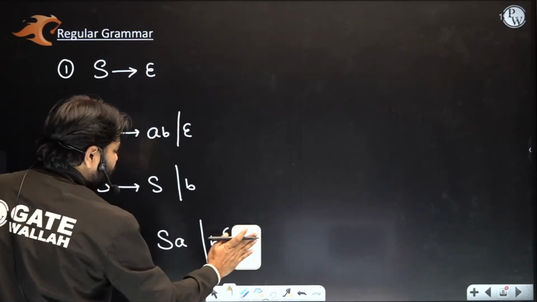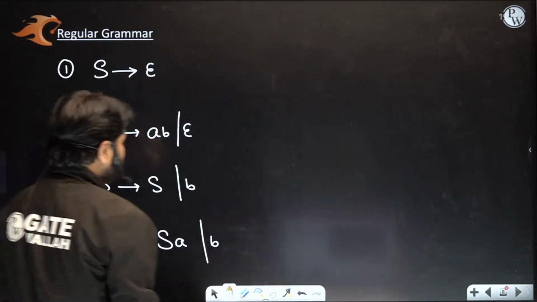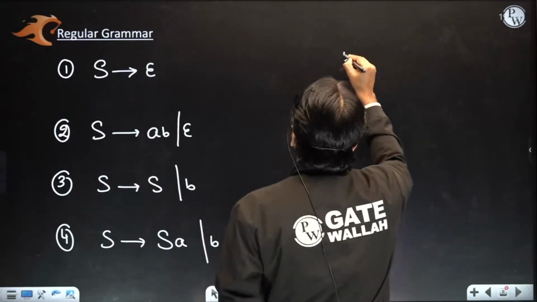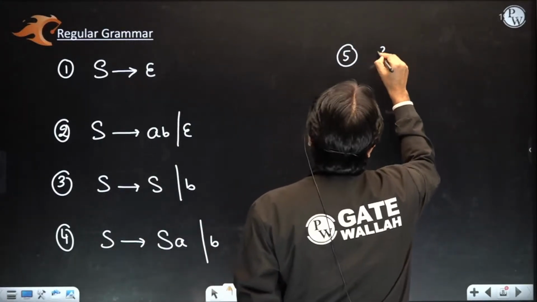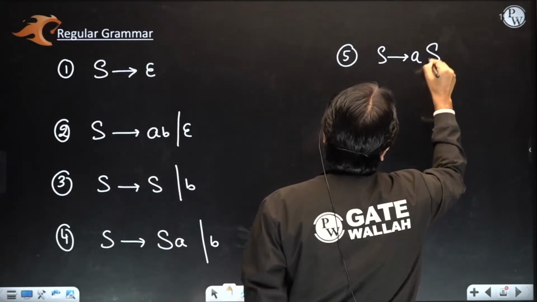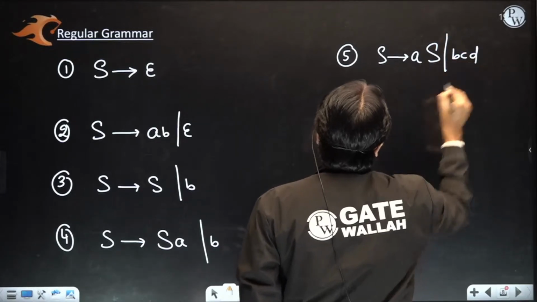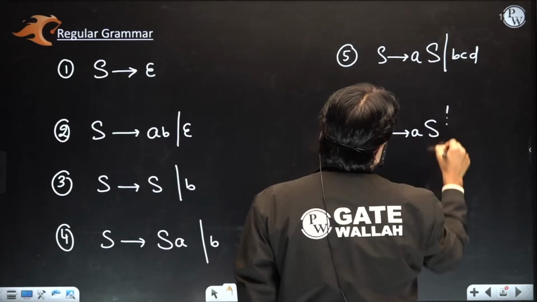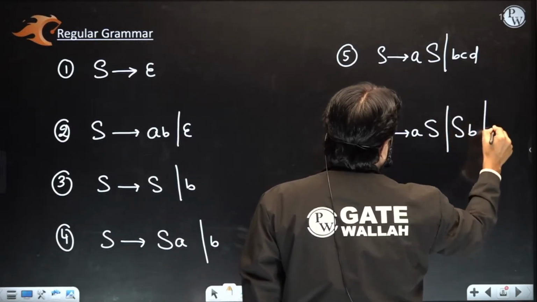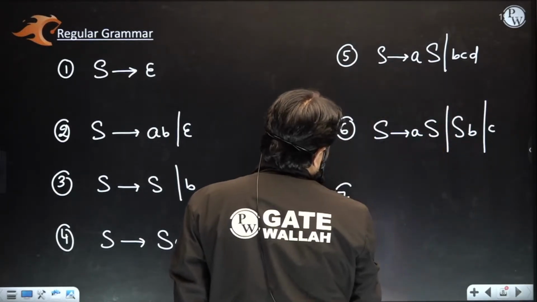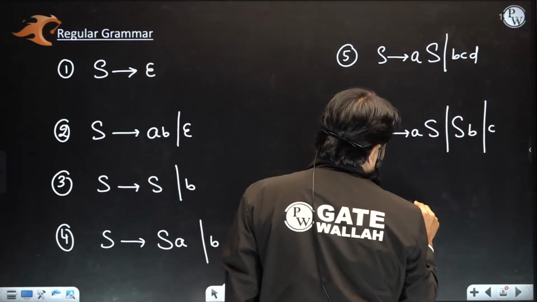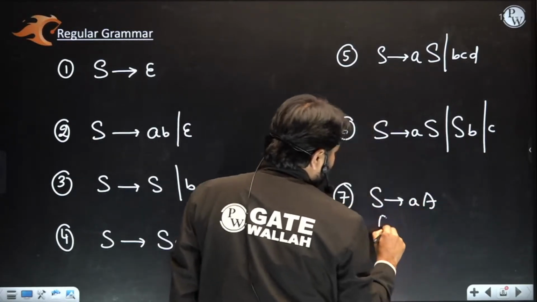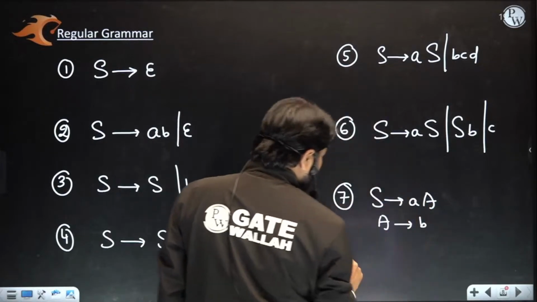Of course, let's write B first. Now just look at these examples and try to answer. Is it really regular grammar or not? Then S derives AS or SB or C. Seventh, S derives AA and A derives B.